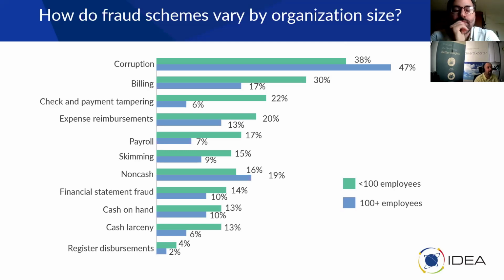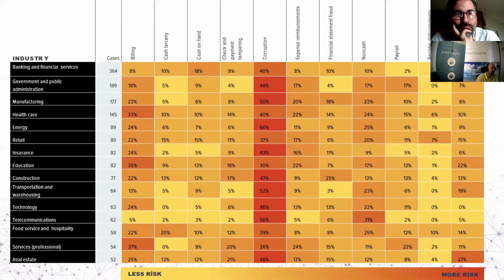And with more than 100 employees, you can see almost 50%, 47%, corruption. This is another heat map by industry. When you see corruption, unfortunately higher in telecommunication and transportation and warehousing.